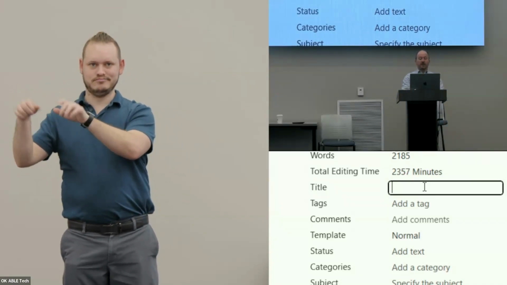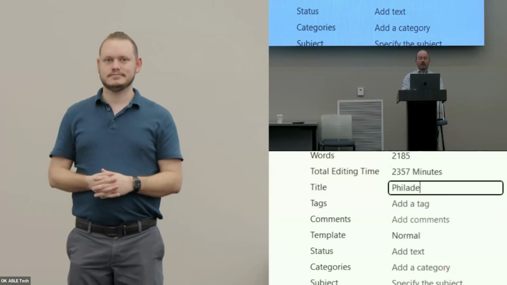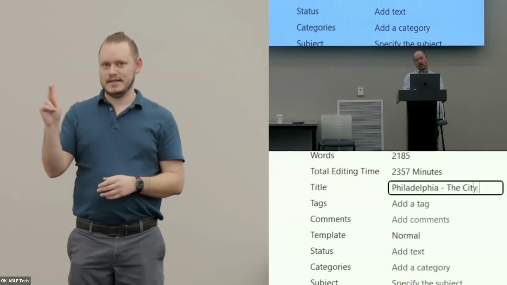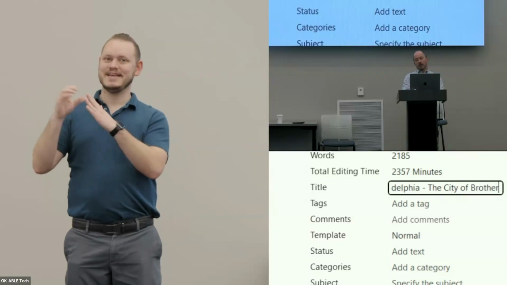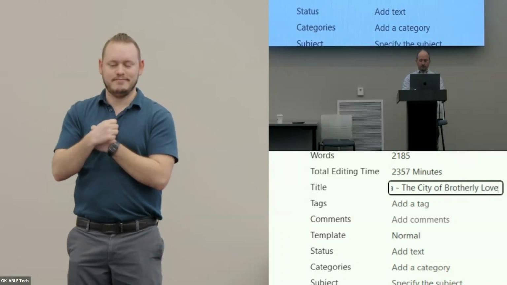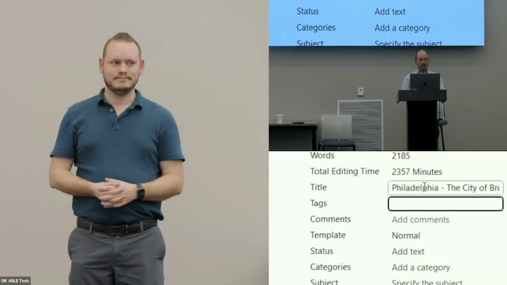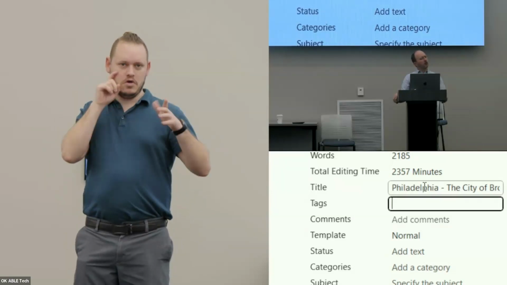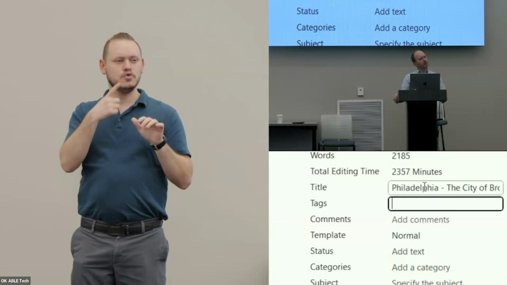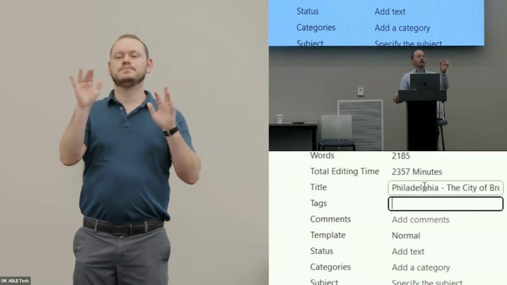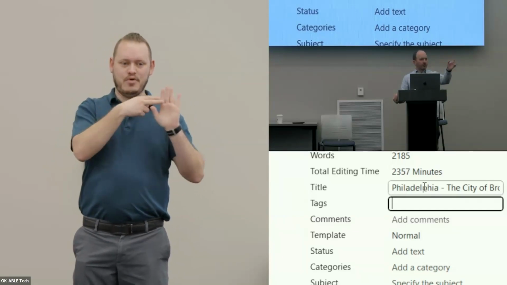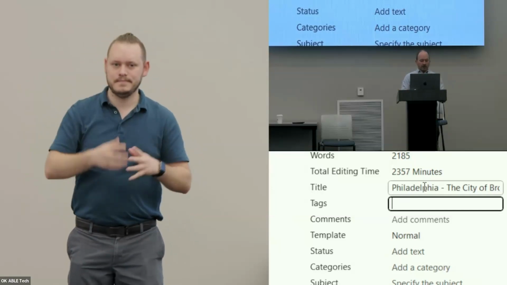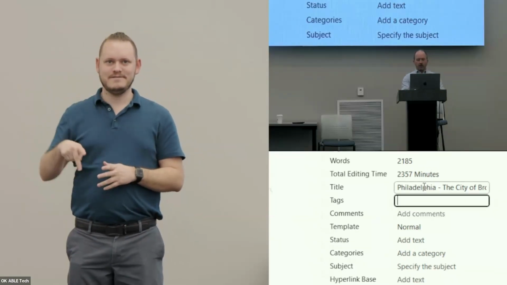So I'm simply going to type here, Philadelphia, the city of brotherly love. So there's a label called title, and then there's a field for the title. Yeah, so Philadelphia, city of brotherly love, go Birds.